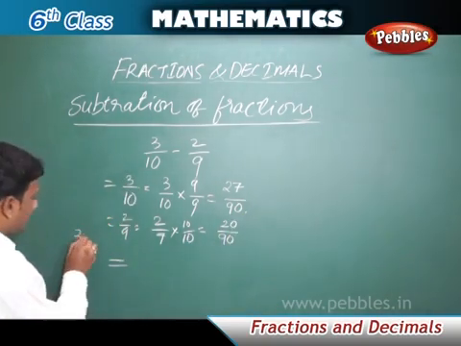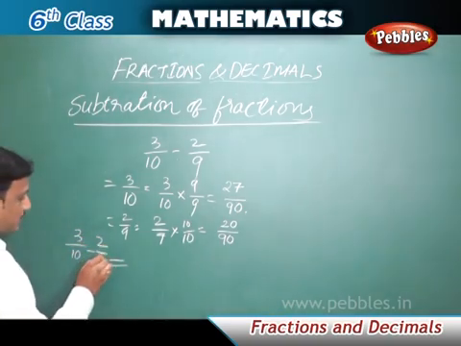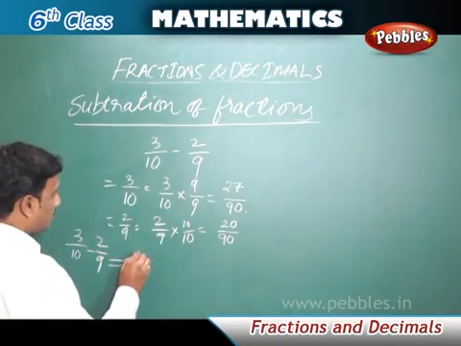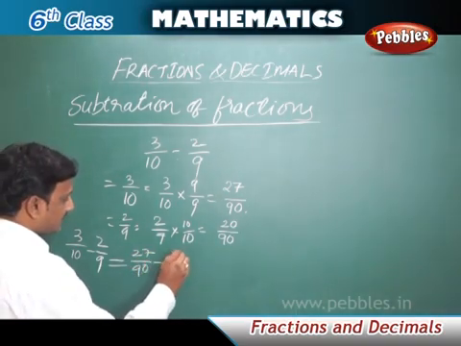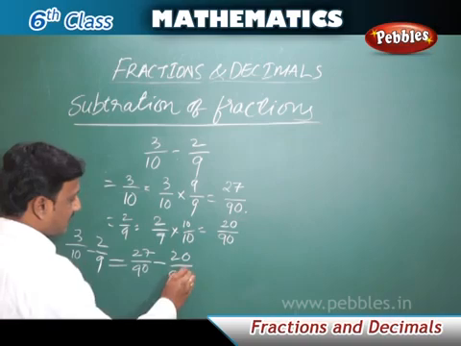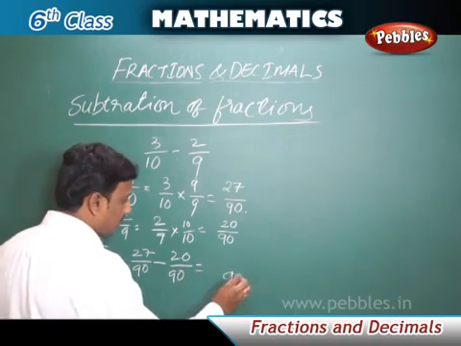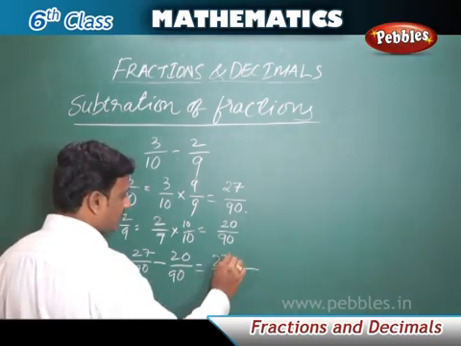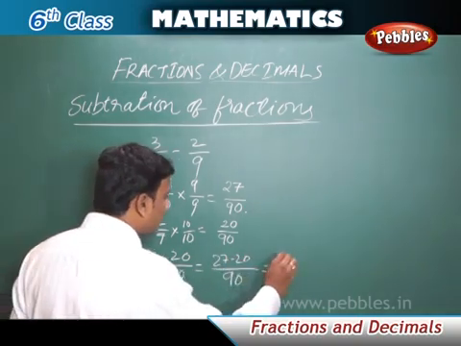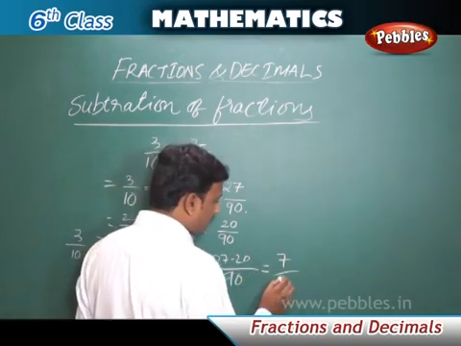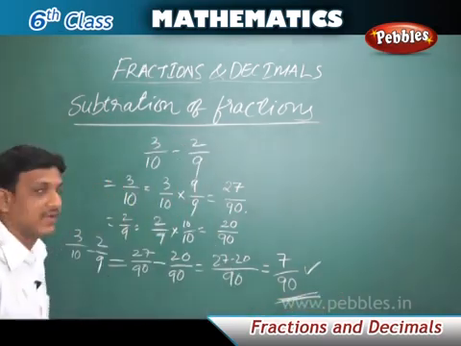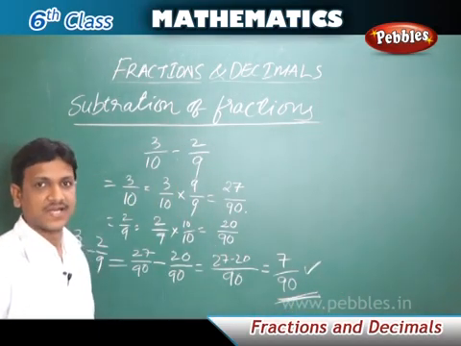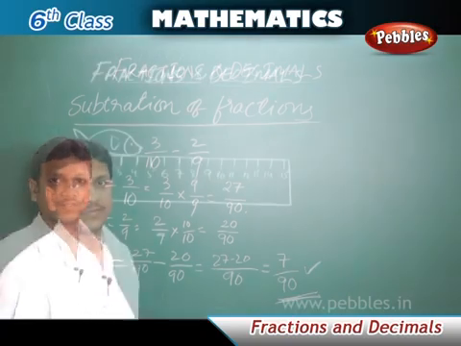So 3 by 10 minus 2 by 9 equals 27 by 90 minus 20 by 90, which equals, the denominator being the same, 27 minus 20 equals 7 by 90. So this is the answer. In this way, we can do the subtraction of two unlike fractions.